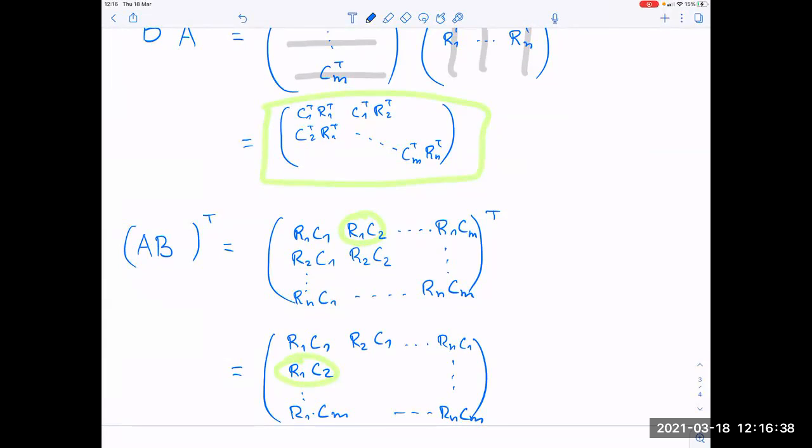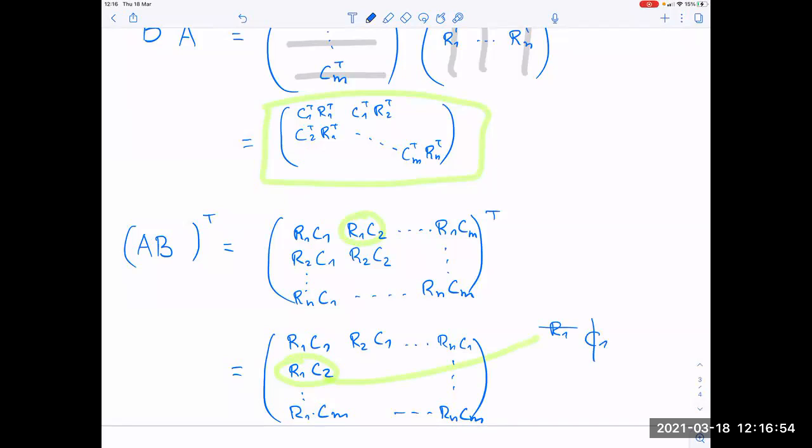So now let's think for a second and compare this element here, R1, C2. So row R1, column C2 is a number.